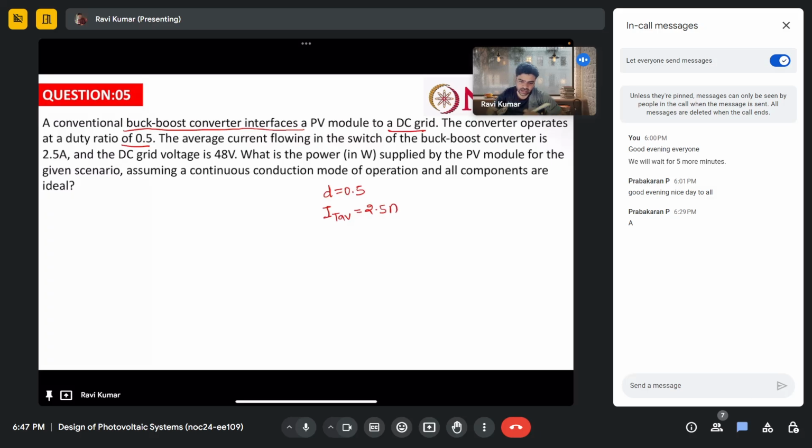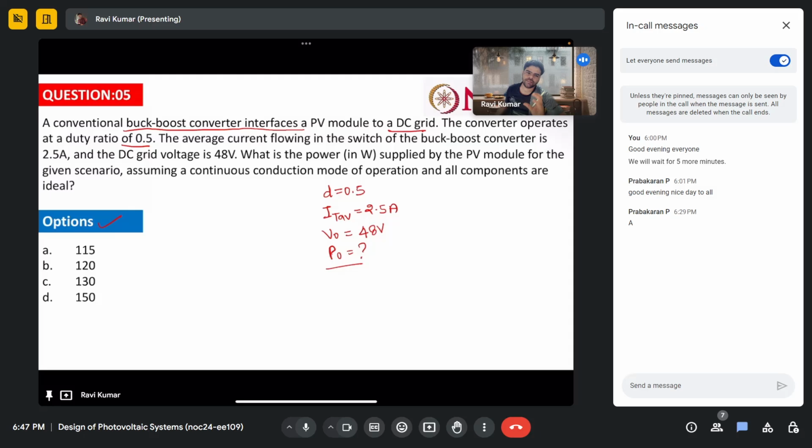The DC grid voltage will be the output side, so V naught equals 48 volt. What is the power in watts supplied by the PV module for the given scenario? It is asking P naught. And these are the options.